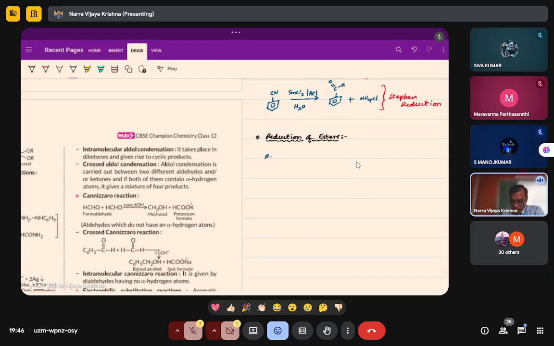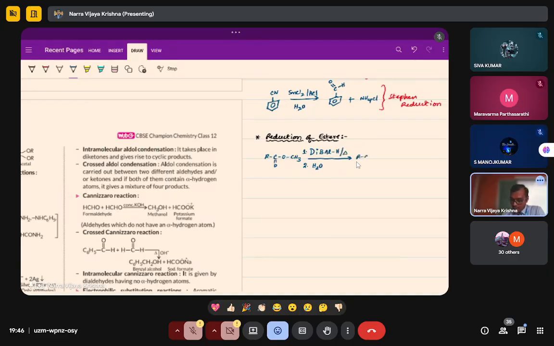So RCOOCH3 in presence of diisobutyl aluminum hydride, DIBAL-H, followed by hydrolysis. Then what will you get?